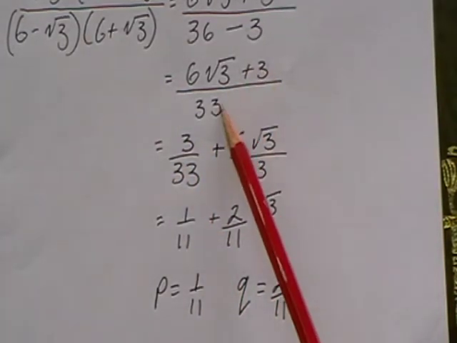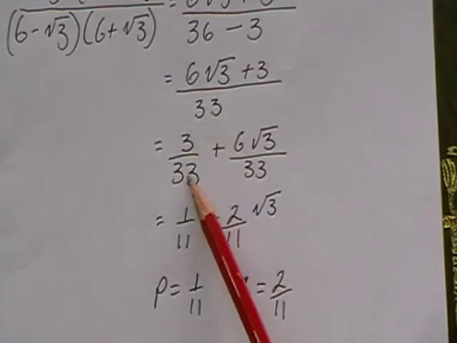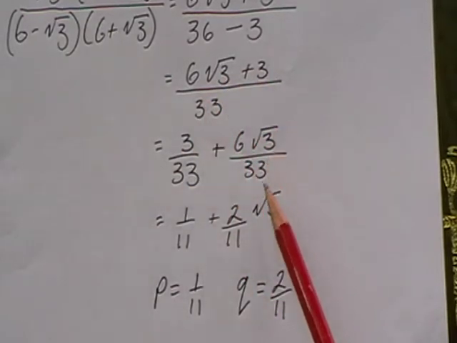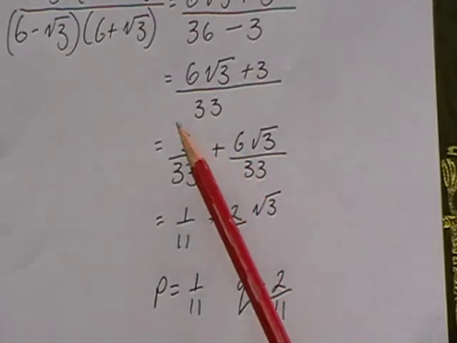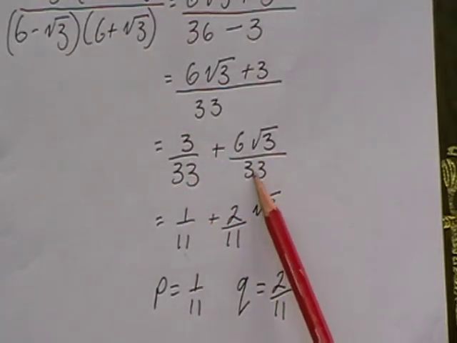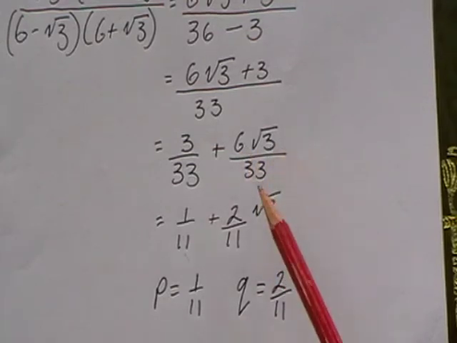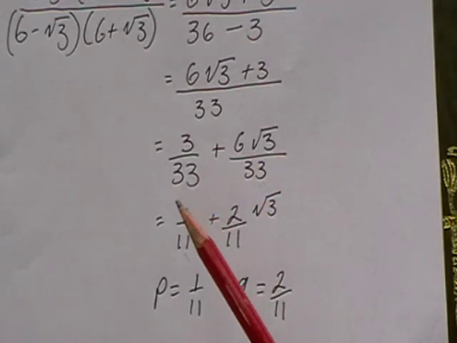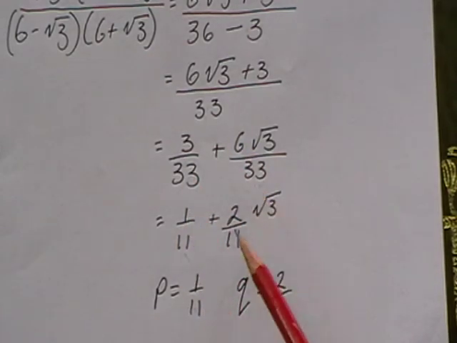So we're going to have 3 over 33 and 6 root 3 over 33 separate. 3 over 33 is 1 over 11, and 6 over 33 comes to 2 over 11 root 3. So from that, when I said P plus Q root 3, P will be 1 over 11 and Q will be 2 over 11. Finished.